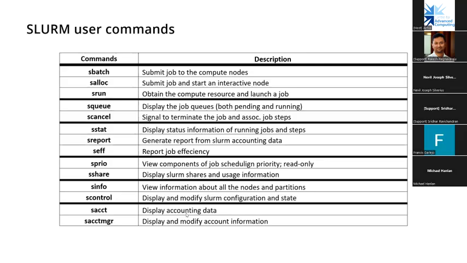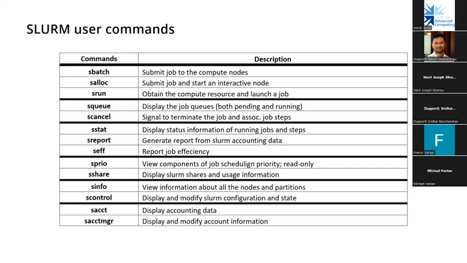And S-Share is to retrieve information about the accounting details in terms of usage, as well as shares, how many shares a particular account or user has, or the amount of usage that a particular user has used till date. S-Info gives you information about nodes and partitions for the most part.